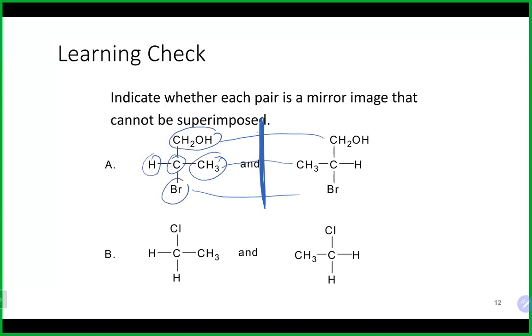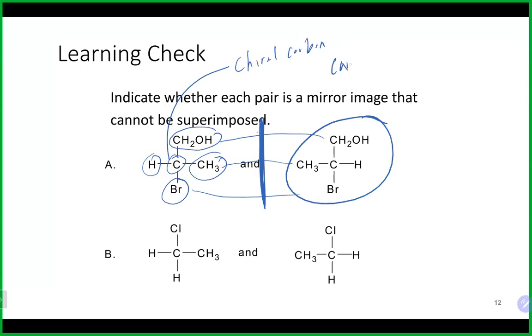That's different, that's different. That does look like 4 different groups, which means that is a chirocarbon. And because of that, our mirror image, which would be this one, cannot be superimposed. So to answer the question, yes, that cannot be superimposed. The kind of double negative there.